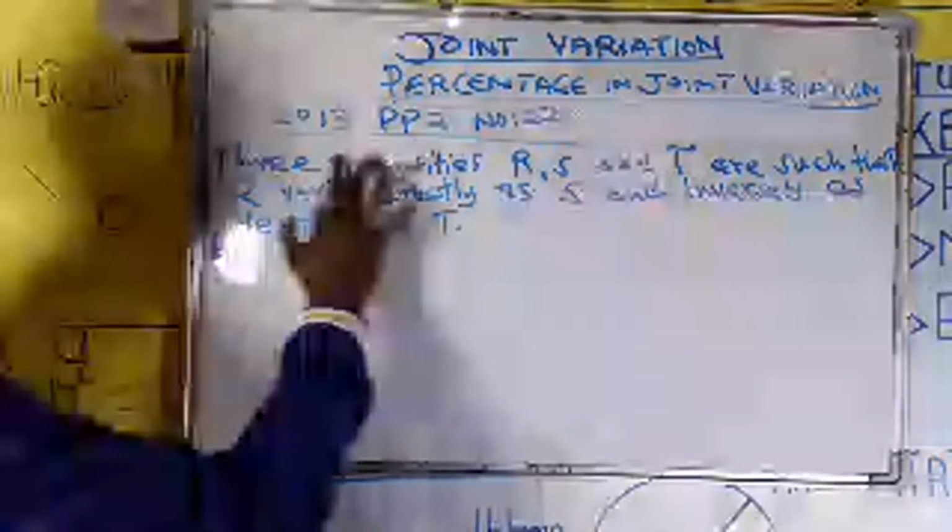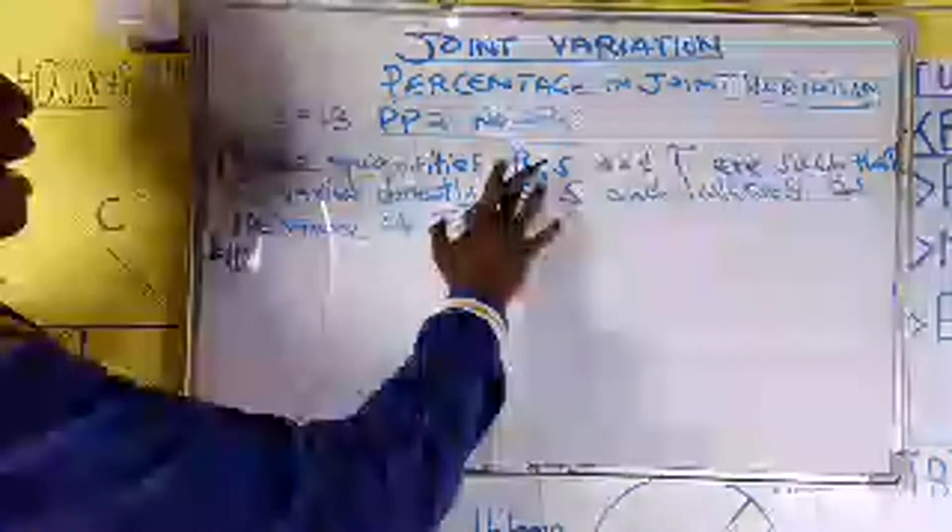So we have three quantities R, S and T. Let us read that statement.